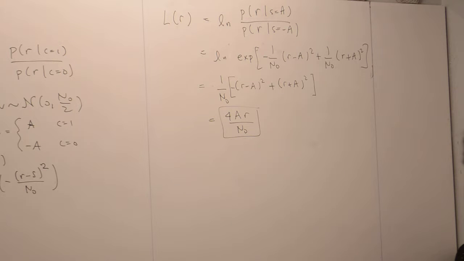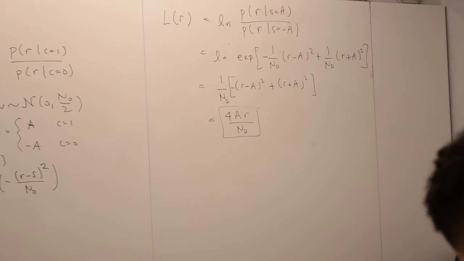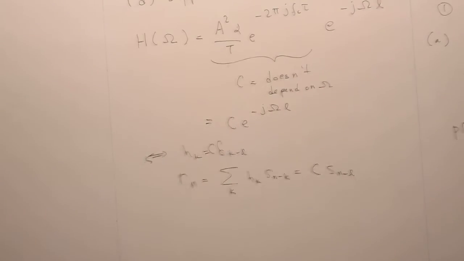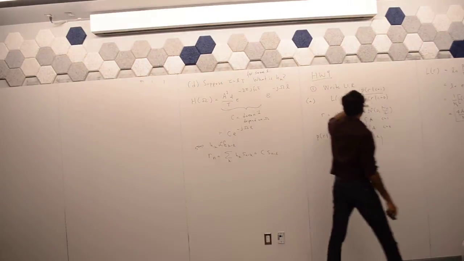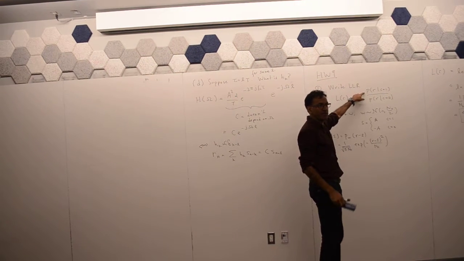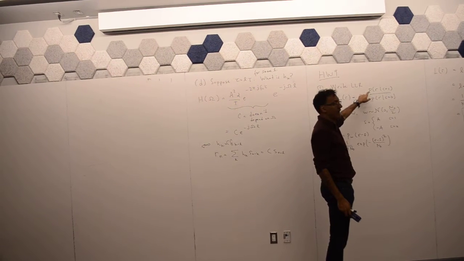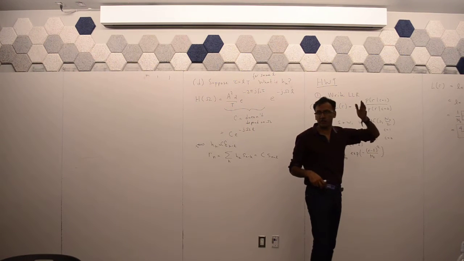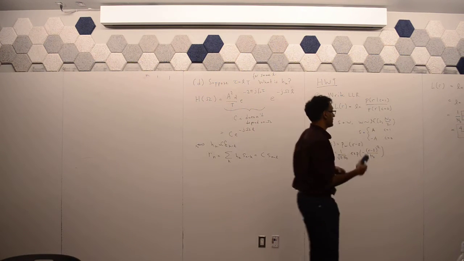Let's say it was a different noise. So basically this log likelihood ratio tells you if R is positive, it's more likely that bit C equals 1 was transmitted. That makes sense. And if R is negative, it's more likely that bit 0 was transmitted.